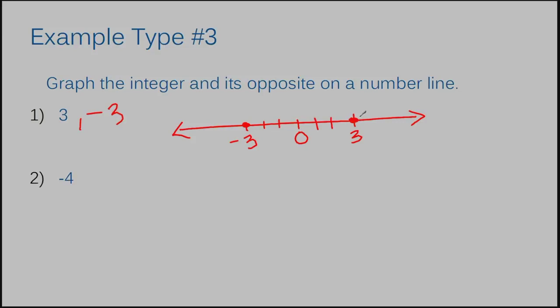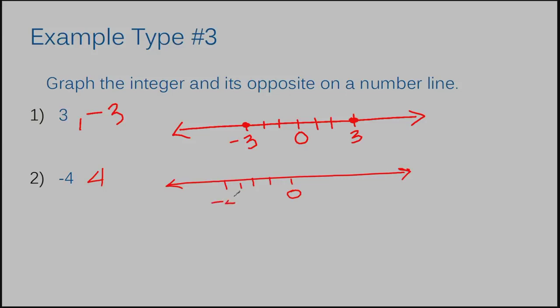Example number 2 has a 4. So remember, the opposite of the number -4 is going to be +4. I'm going to draw another number line. I'm going to start with 0 again. My -4 is going to be over on the left side. 1, 2, 3, 4.